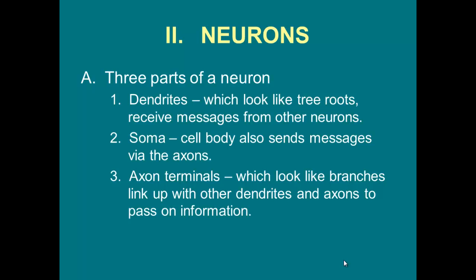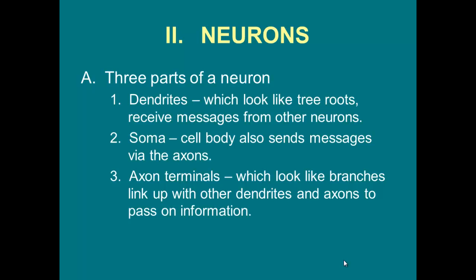And then the soma sends messages back out via the axon. So my right arm would be an axon, and it has axon terminals, which kind of look like branches. And what they do, if you look at me right now, is match up with the dendrites. Dendrites, left hand, right hand, axons, and they do this.